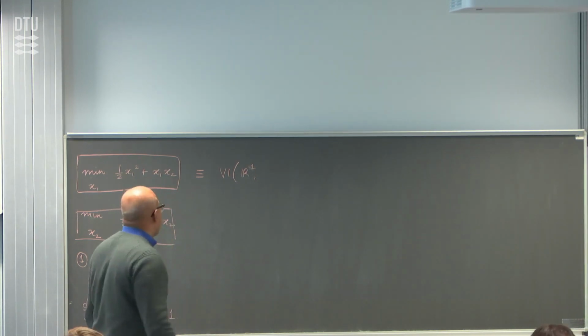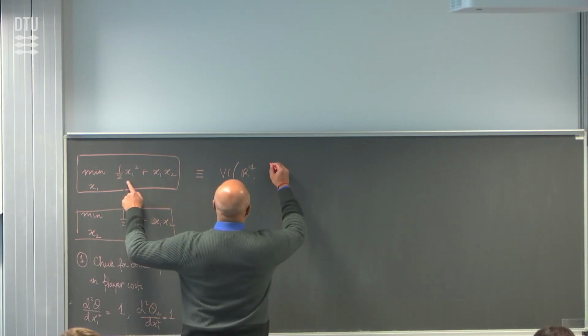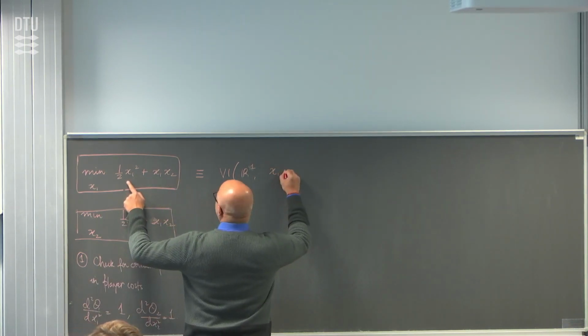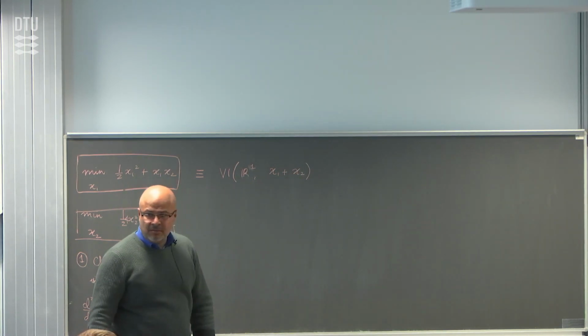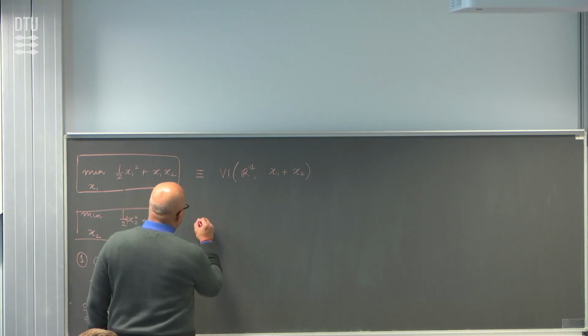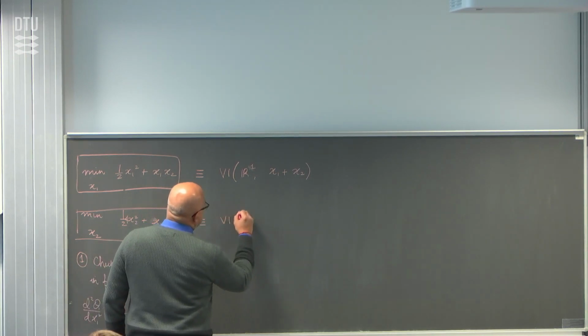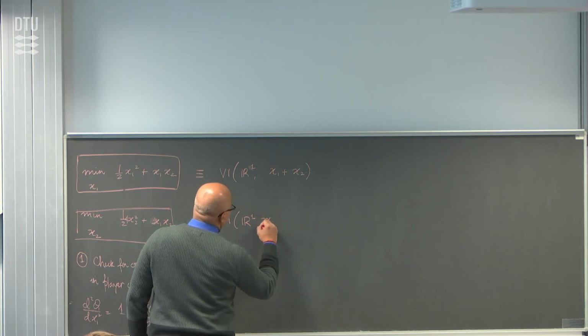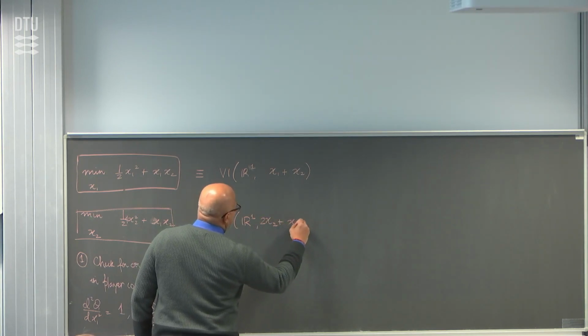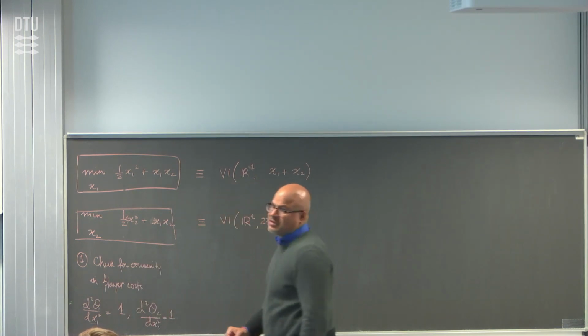Okay, so once I have that, I just need to write the gradient of this. The gradient of this is x1 plus x2. Okay. Similarly, this is R^1, 2x2 plus x1. Is everybody with me?